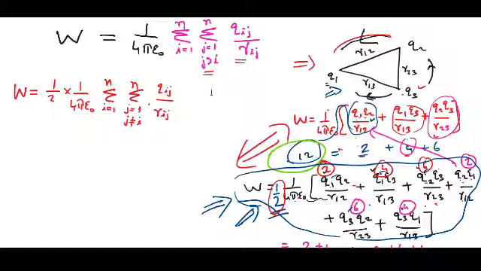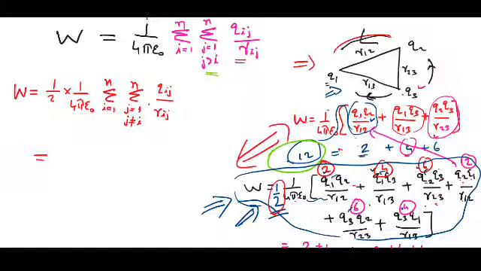Because both will give the same result. Earlier we had to take care that j should be greater than i, but here the only condition is that j should not be equal to i. We get more relaxation if we write the work or energy using this expression.